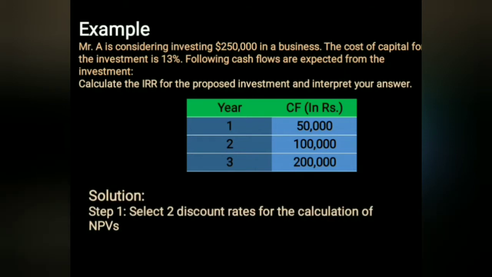Here we have a solution. In the first step itself we have to select two discount rates for calculation of NPV. Here we have taken 10% first and 20% second.